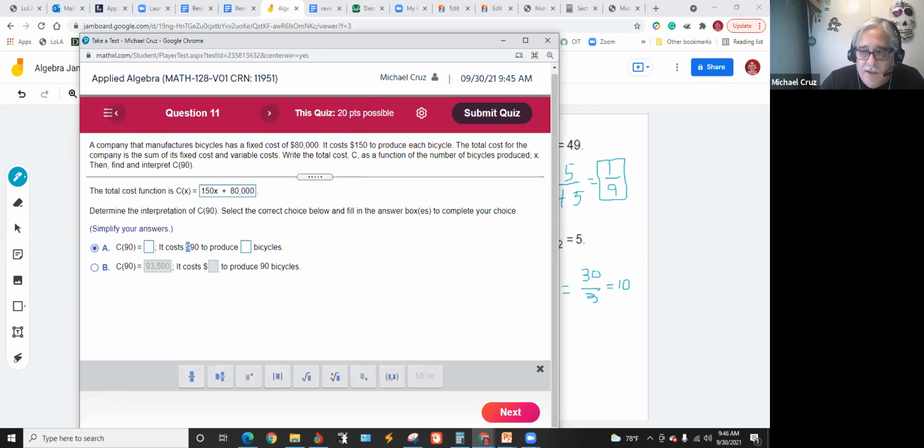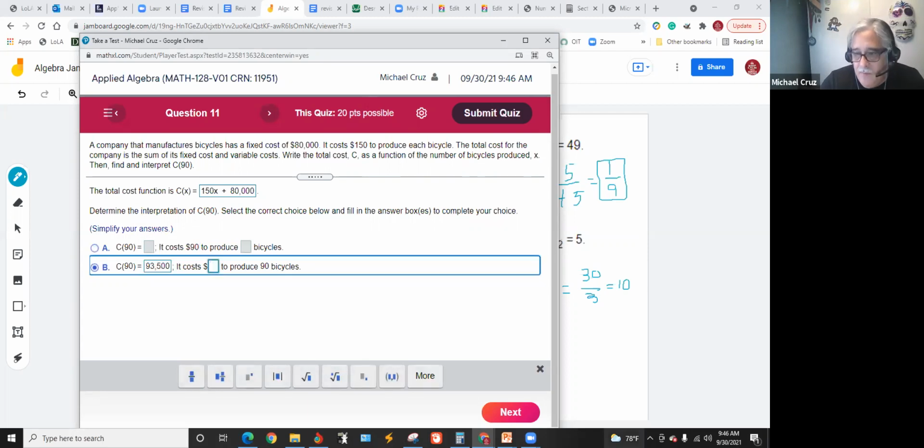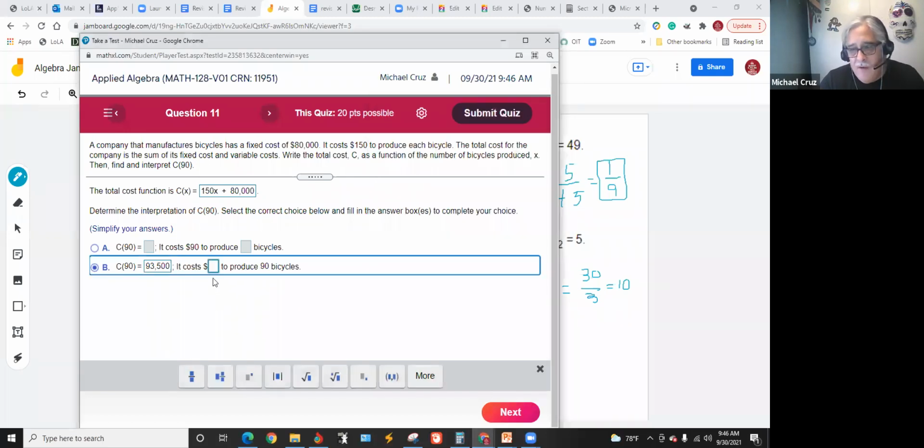Now this one would be wrong because it doesn't cost $90 to produce bicycles. It costs the other number, 13,500. Oh, I'm sorry. They just put 93,500 in there.